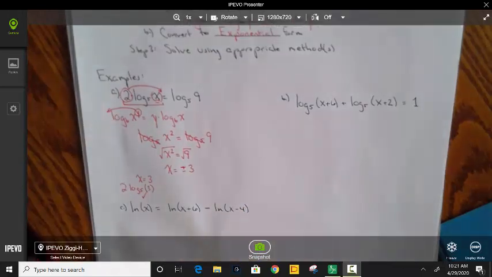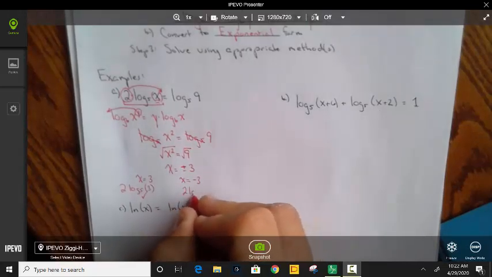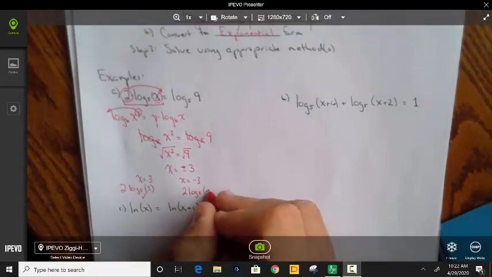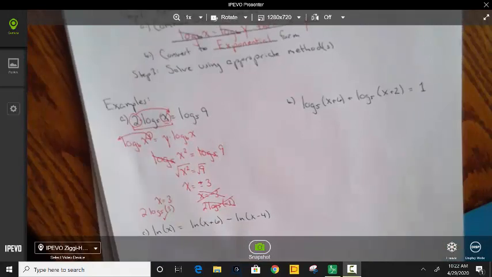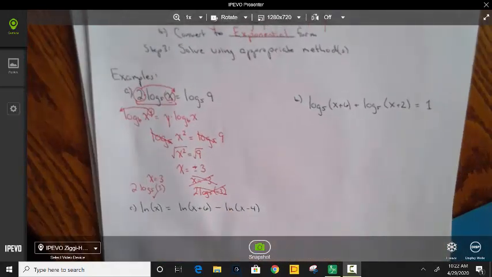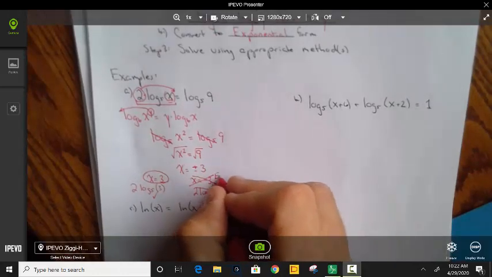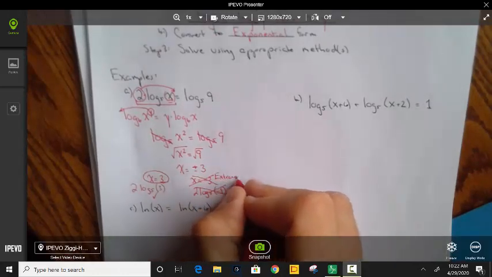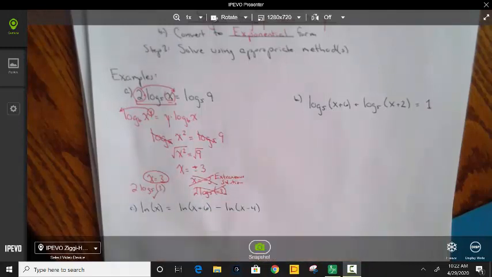We can have a log of a positive. But if x is equal to negative 3, we'd have 2 log base 5 of negative 3, and this is undefined. So even though when we square root we get positive or negative 3, the only one that is actually an answer is 3. x equals negative 3 is what we typically call an extraneous solution. It's an answer that we find algebraically, but it doesn't check.